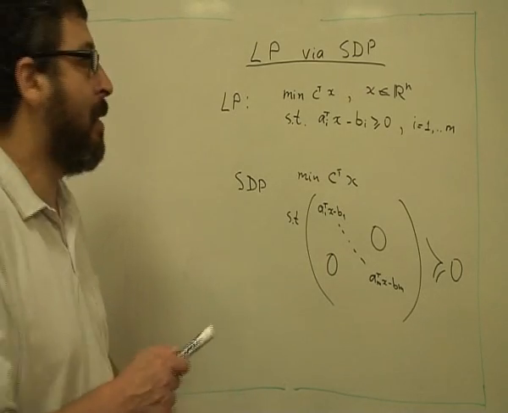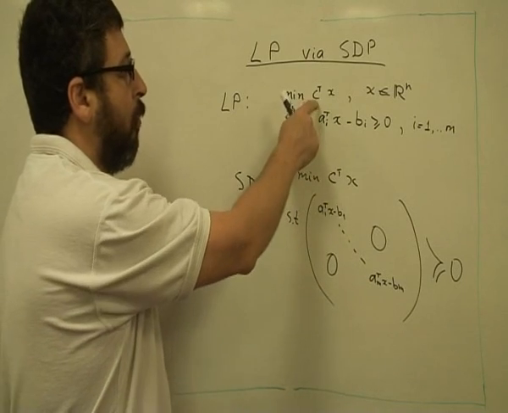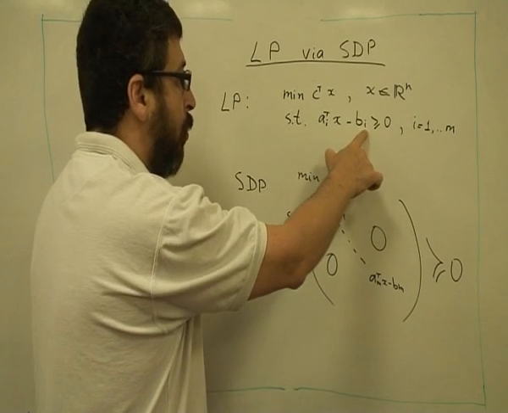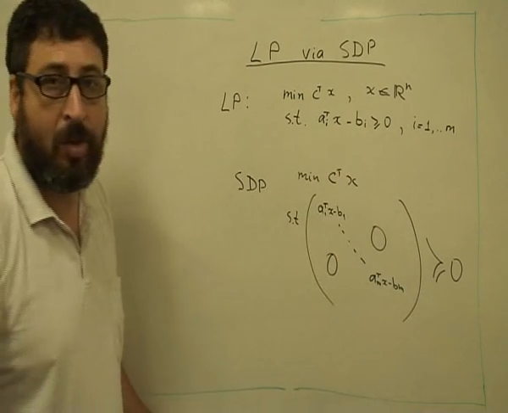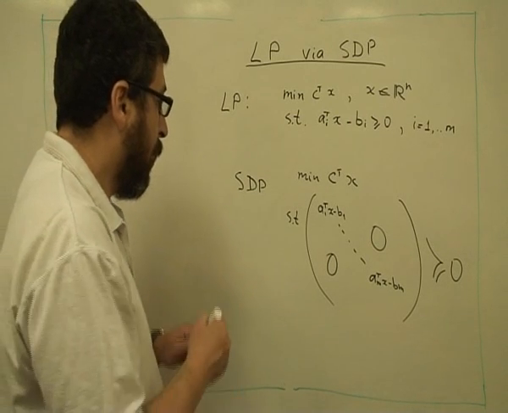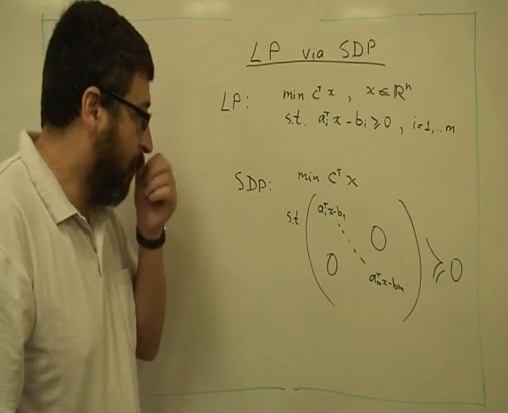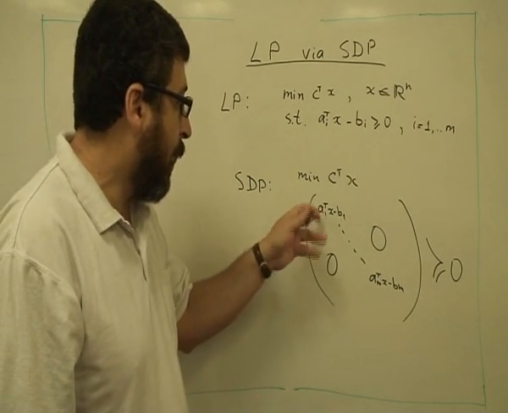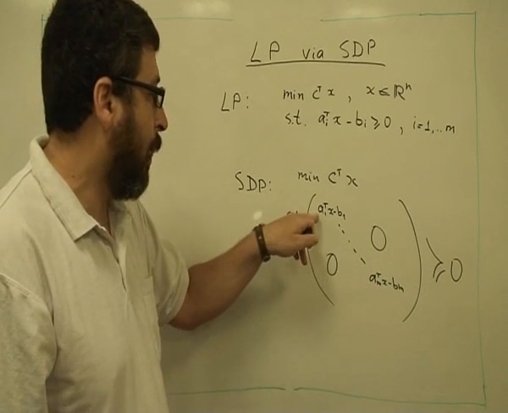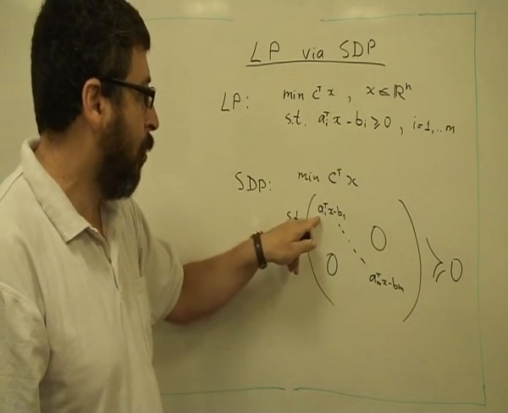To understand this, we will write linear program in the following form: minimize linear objective, subject to linear inequality constraints. So, to convert it to semi-definite program, we will do a very simple trick. We will form a diagonal matrix, putting those entries on diagonal.